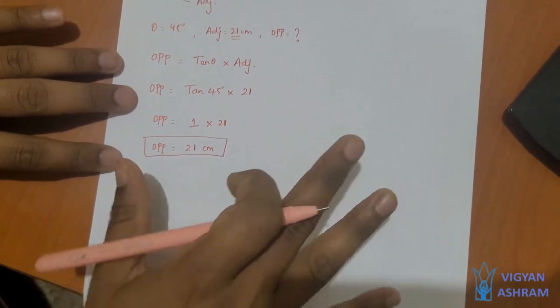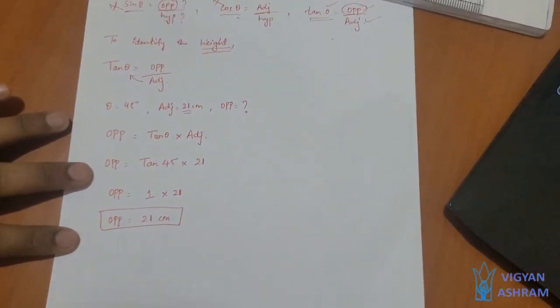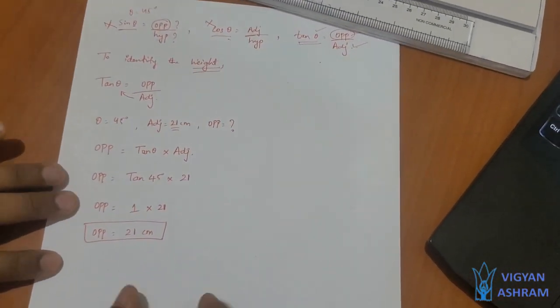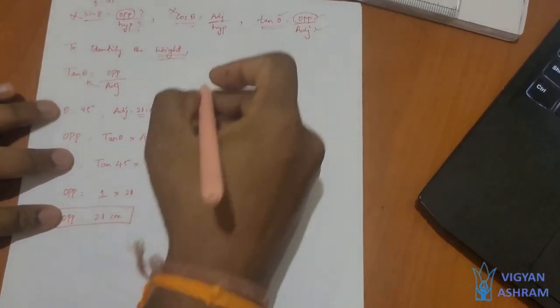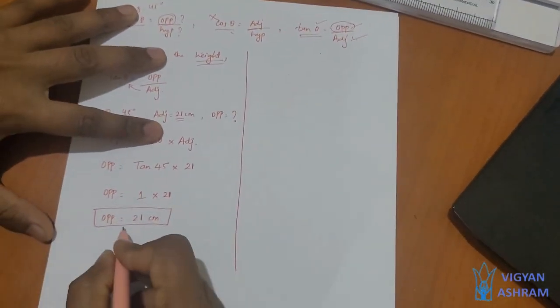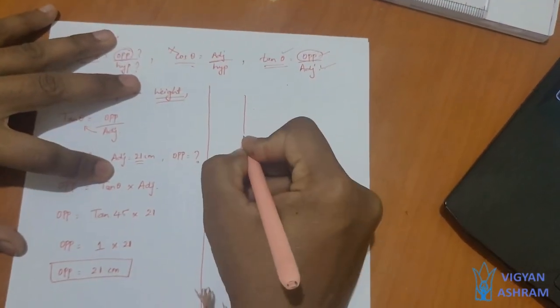Okay, now I'll also briefly explain the Pythagoras theorem. So this is a triangle.